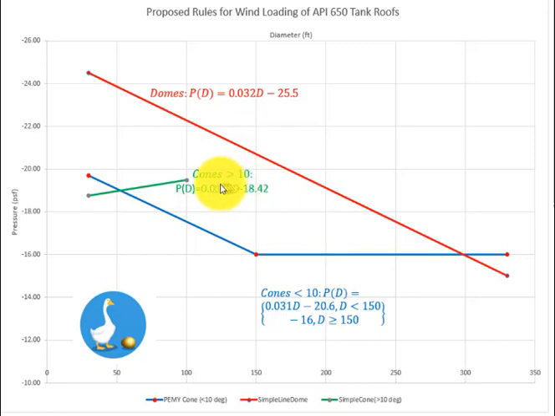For cone roofs greater than 10 degrees, the pressure is negative 0.01 times D minus 18.42. We don't carry this out beyond 100 feet because it would be unusual and rare to find cone roofs that are steep at diameters greater than 100 feet. And finally, for domes, we have 0.03 D minus 25.5.